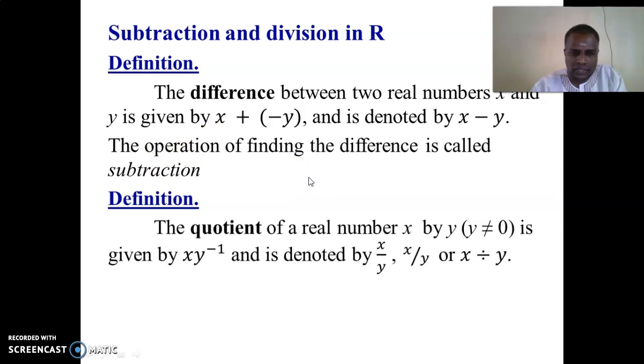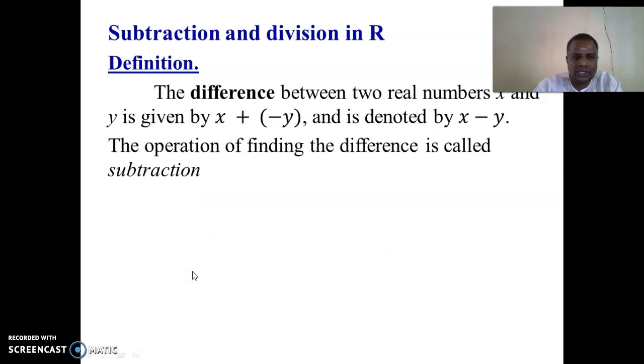Another definition: the quotient of real number x by y, where y is not equal to 0. This is important. It is given by x times y inverse and is denoted by x over y, x slash y, or x divided by y. So these are basic definitions.